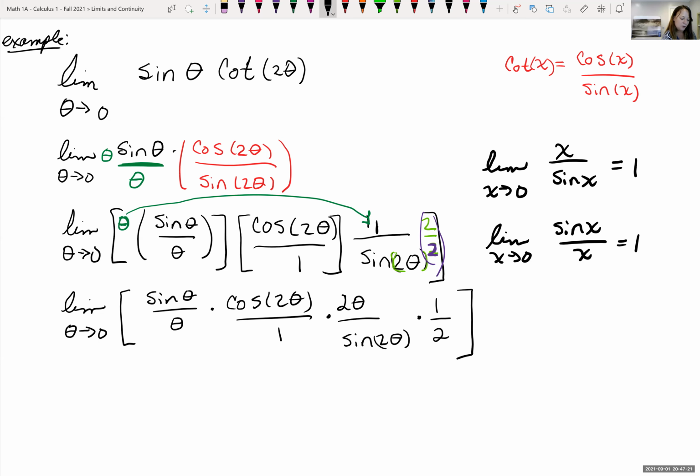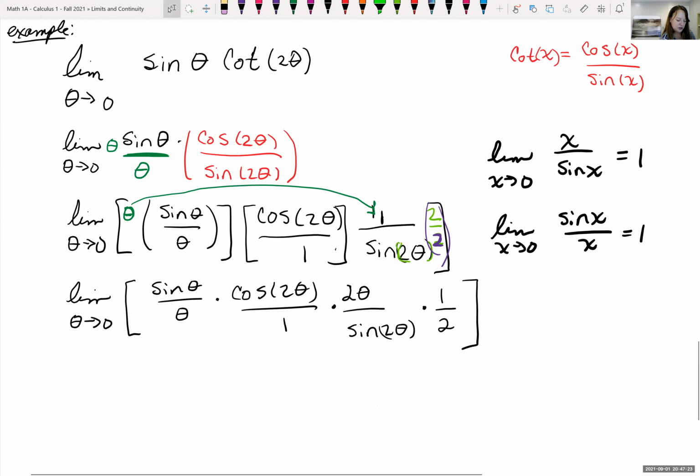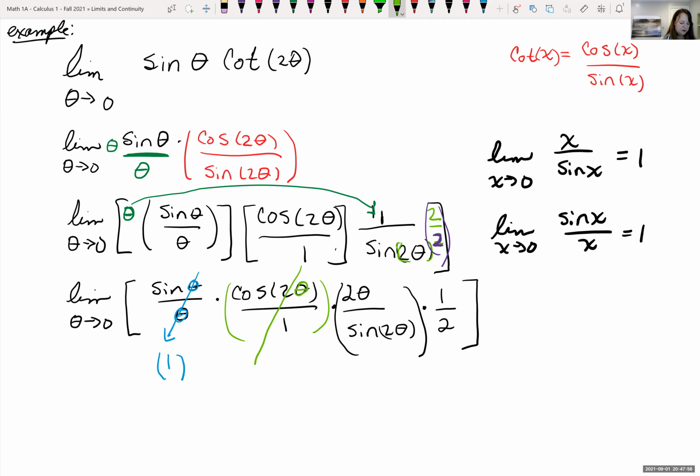So now we can use our rules and we can do our direct substitution. If we look at sine theta over theta, as theta goes to 0, this piece is going to 1. If I plug in 0 for this piece, cosine of 0, that's also 1. So 1 over 1 is 1.